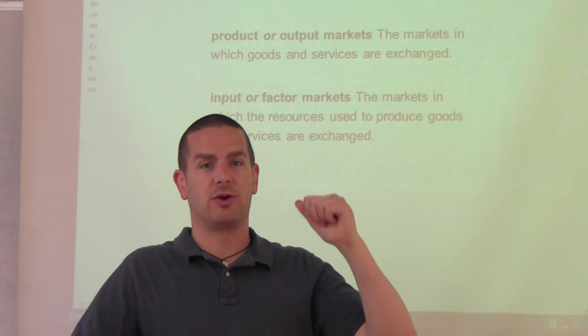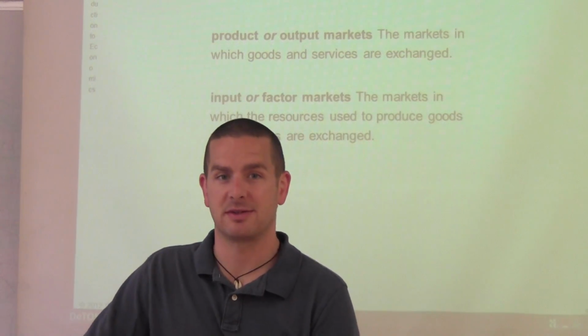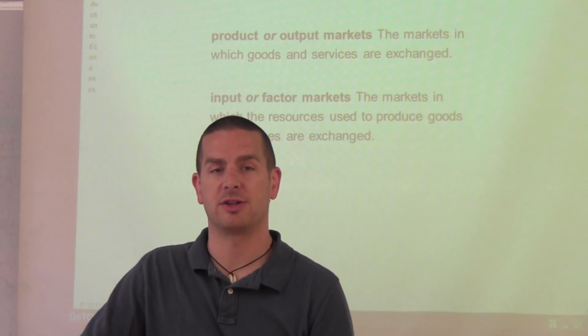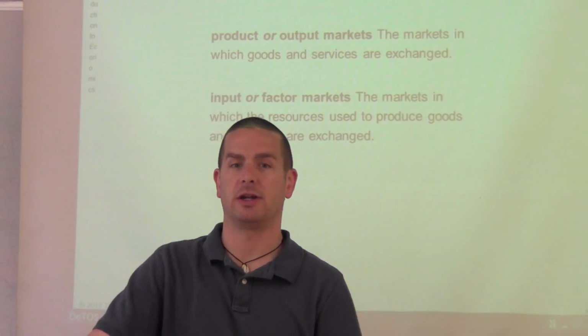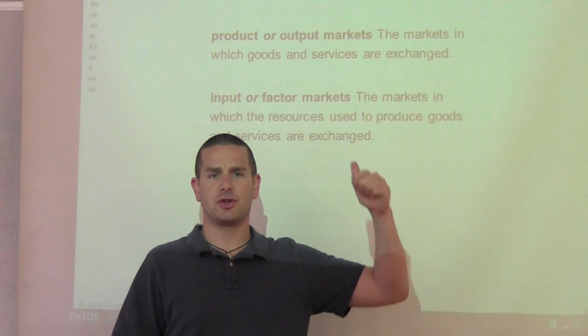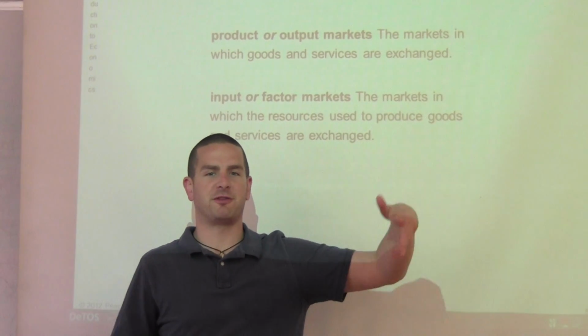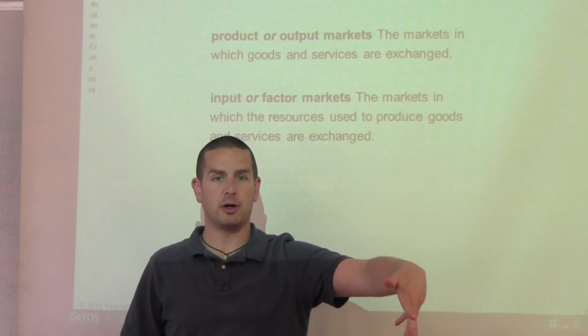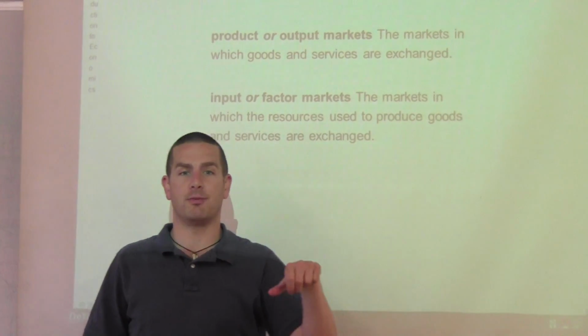Ford, after purchasing all these things on input markets, then sells the finished product, the car. It sells that car on an output market. So the car would be an output, whereas the steel for the bumper, the frame, the brakes, the rubber for the tires, all that is made and purchased on input markets.